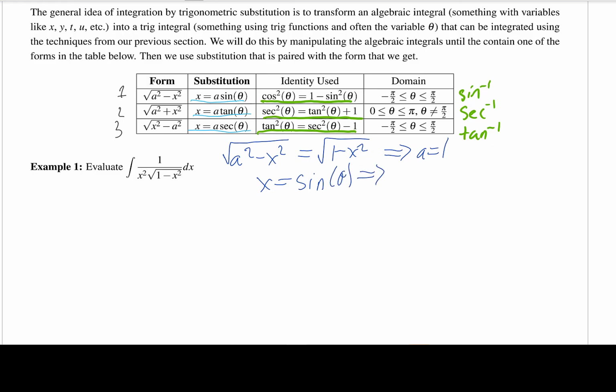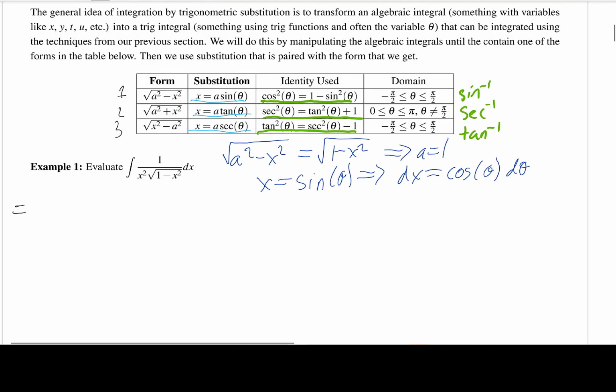Then taking a derivative of both sides, I would get dx is equal to cosine theta d theta. And so now I can replace all of these x's and our dx with stuff that has theta in it, which is our first step for trig sub.